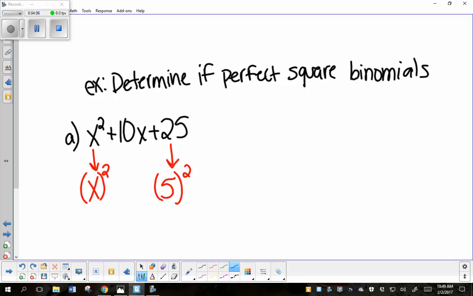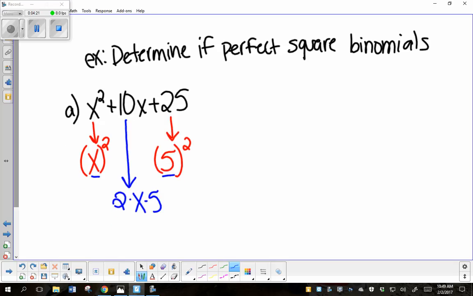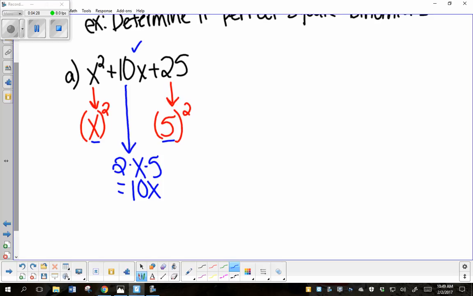So if those are both true, then all we have to check is the middle term: either 2 or negative 2 times the first thing I had times the second one, so the square roots of the first and third terms. Well, 2 times x times 5 is 10x, and that is my second term. So this is a perfect square binomial because my rules held true.